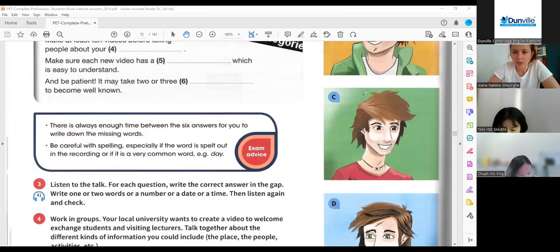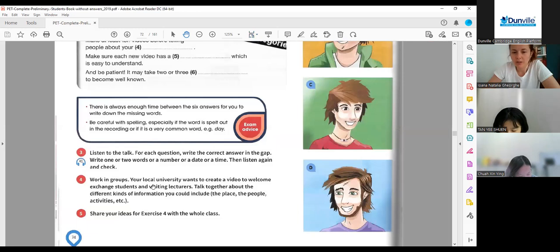Now, let's see the next exercise. We need to work in groups. Your local university wants to create a video to welcome exchange students and visiting lecturers. Talk together about the different kinds of information you could include: the place, the people, activities.